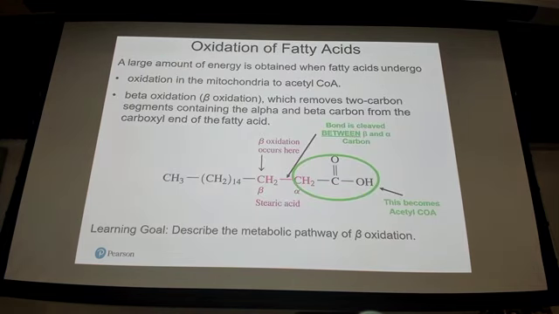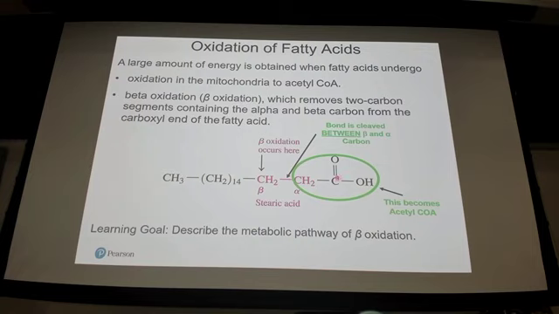All right, beta oxidation. Here's a fatty acid. You have the alkyl group and the carboxylate, circled in green. Beta oxidation gets its name from the fact that the bond between the beta and alpha carbon is broken, in two-carbon molecule segments, to create acetyl-CoA.